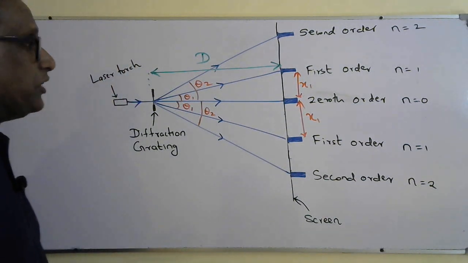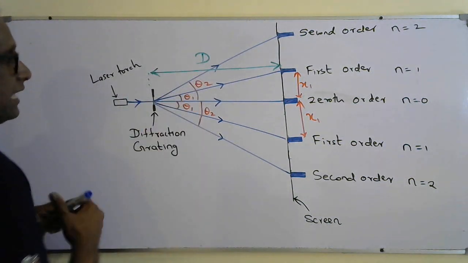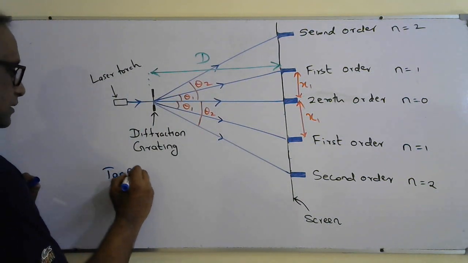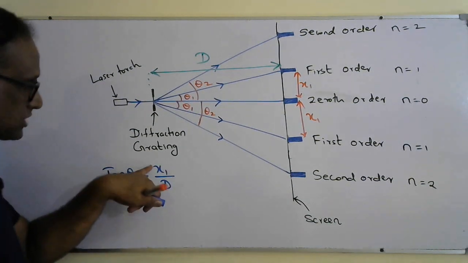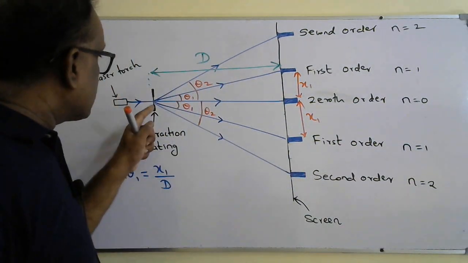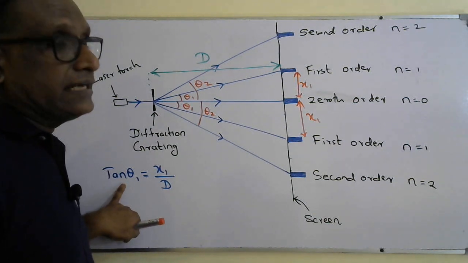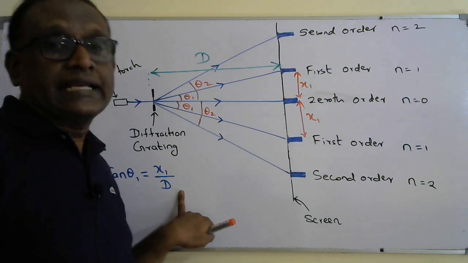I can simply use the trigonometry: tan theta 1 equal x1 over D. I know x1, I measured it on the screen by using a meter rule. I know the D, the distance of the screen from the diffraction grating. So I can calculate theta 1 by using tan theta 1 equal x1 over D.